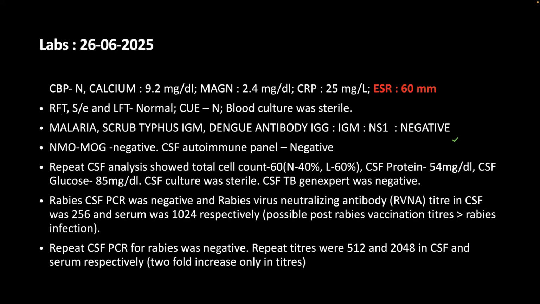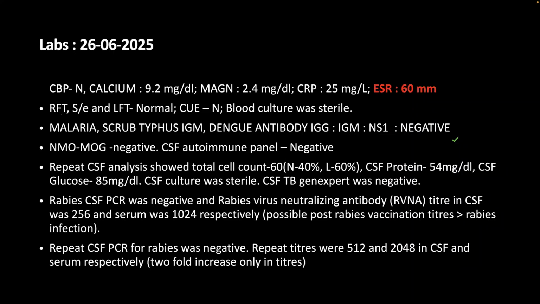In view of suspected rabies encephalitis, CSF PCRs were sent for rabies, which were negative. CSF and paired serum samples were sent to NIMHANS, which showed titers of 256 and 1024 respectively.